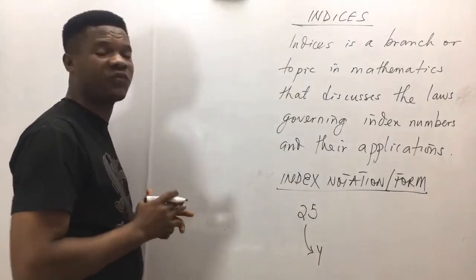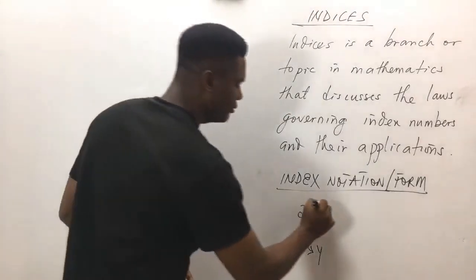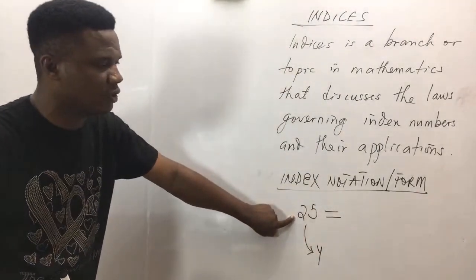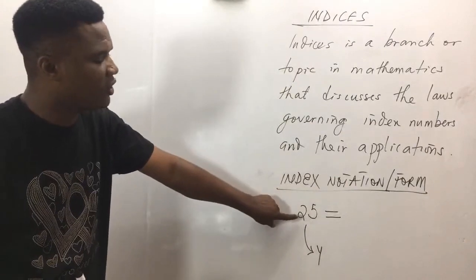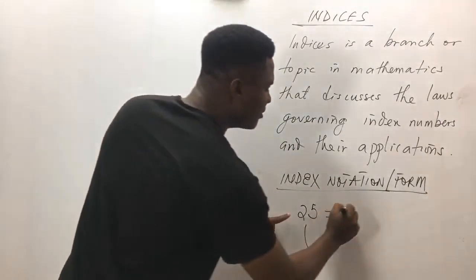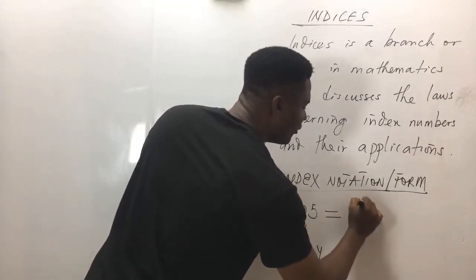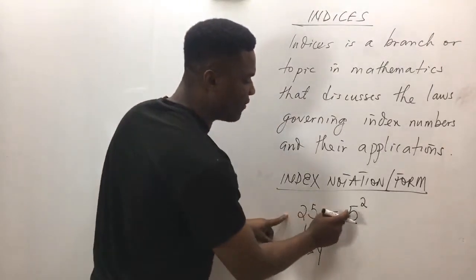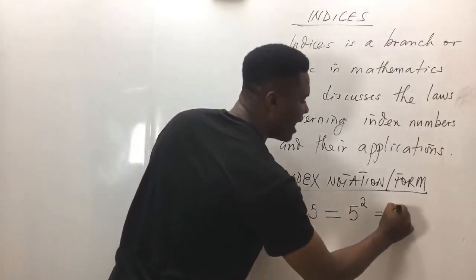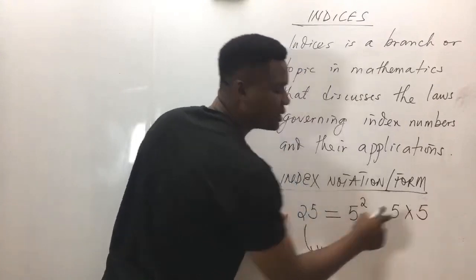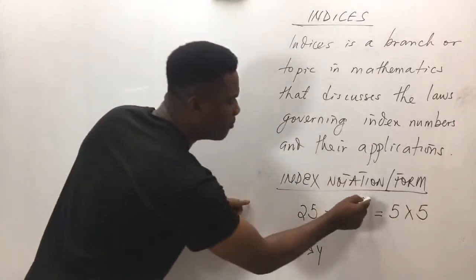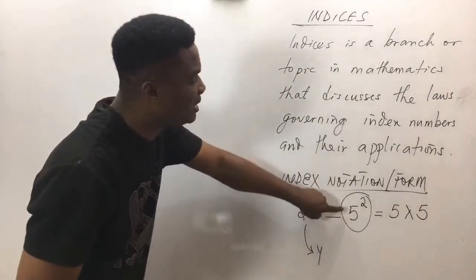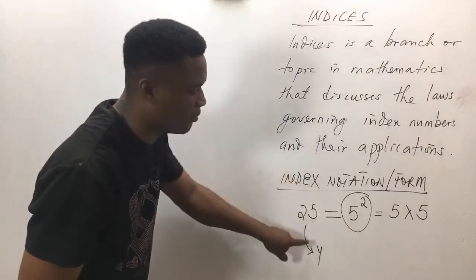Now what can we say is the index notation or the index form of 25? 25 can be written as 5 raised to the power of 2, which means 5 multiplying itself 2 times. So this form of expressing 25 is said to be the index notation or index form of 25.